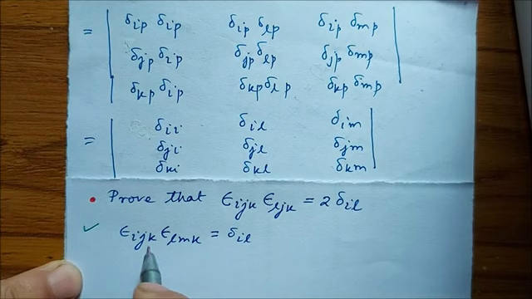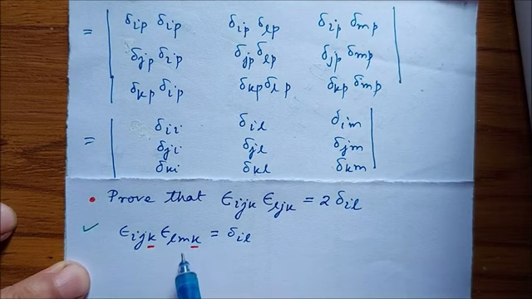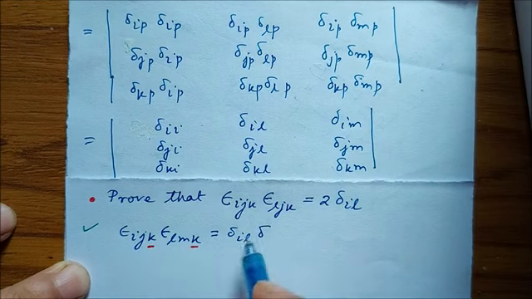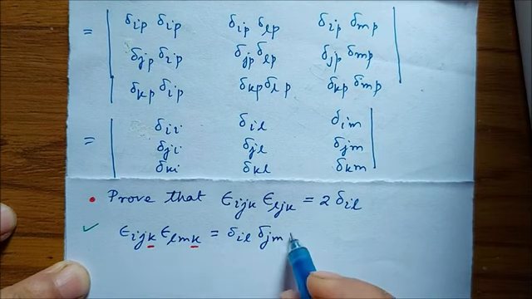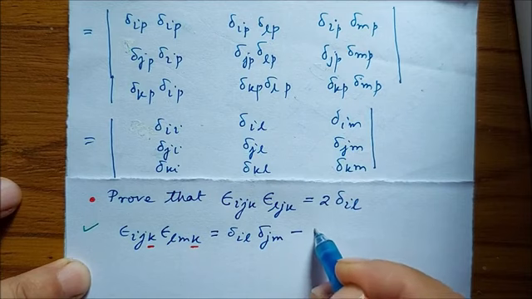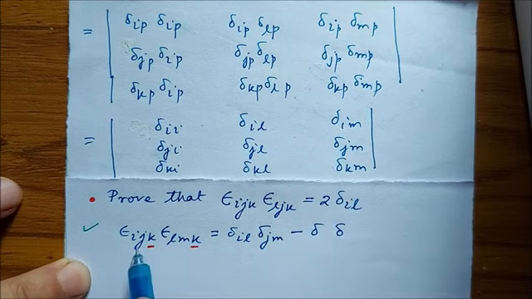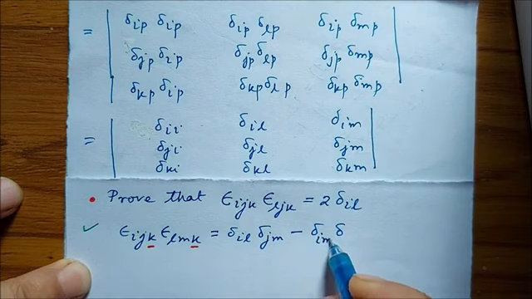Here the indices k, and here also there is k, and therefore we can write Kronecker delta IL into Kronecker delta JM minus Kronecker delta IM and then JL.